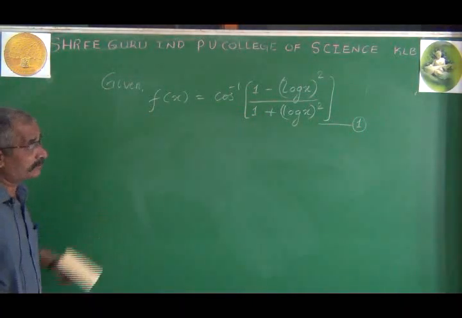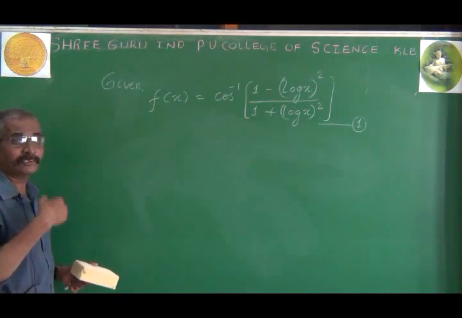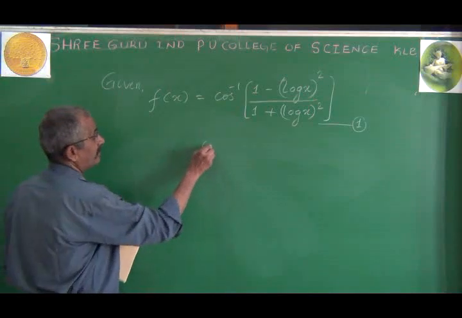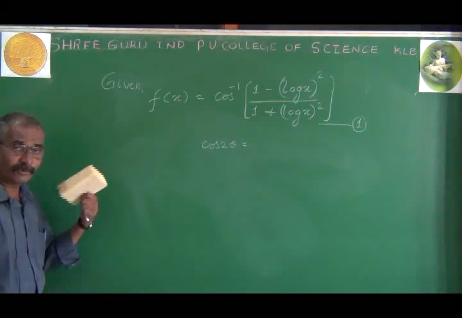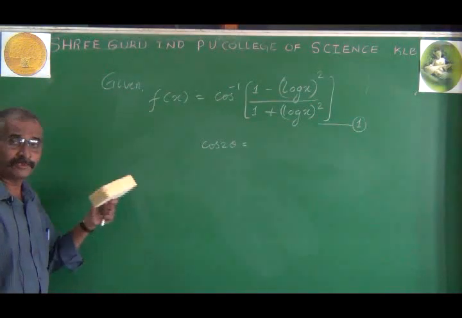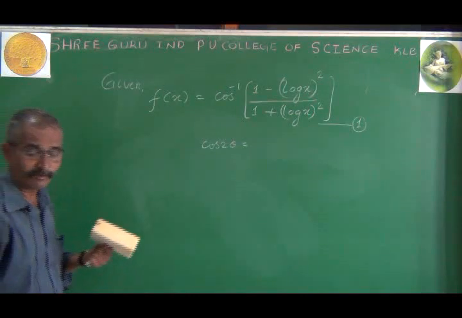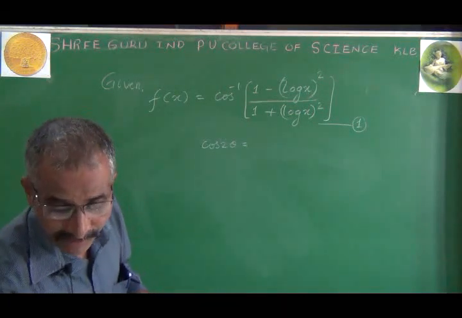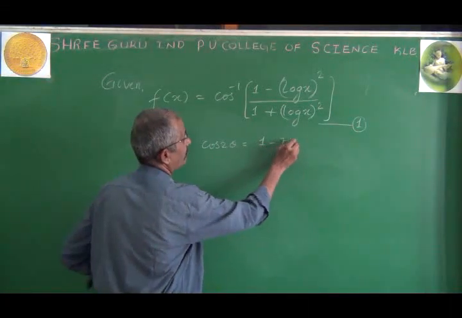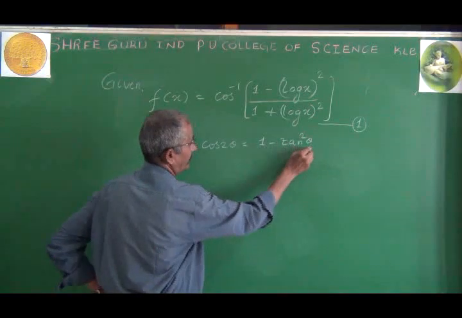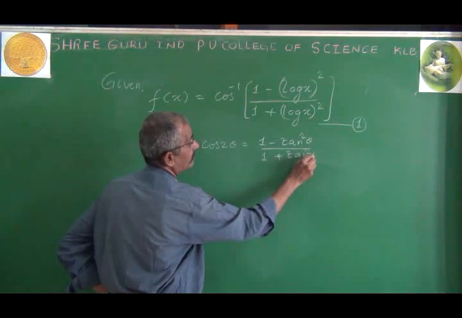Before taking substitution, when you see the right hand side, it resembles a formula, something like cos 2 theta. There are several formulas for cos 2 theta, like 2 tan theta by 1 plus tan square theta, cos square theta minus sin square theta, 1 minus 2 sin square theta. But here the suitable one is 1 minus tan square theta divided by 1 plus tan square theta, because our bracketed expression is exactly of this format.